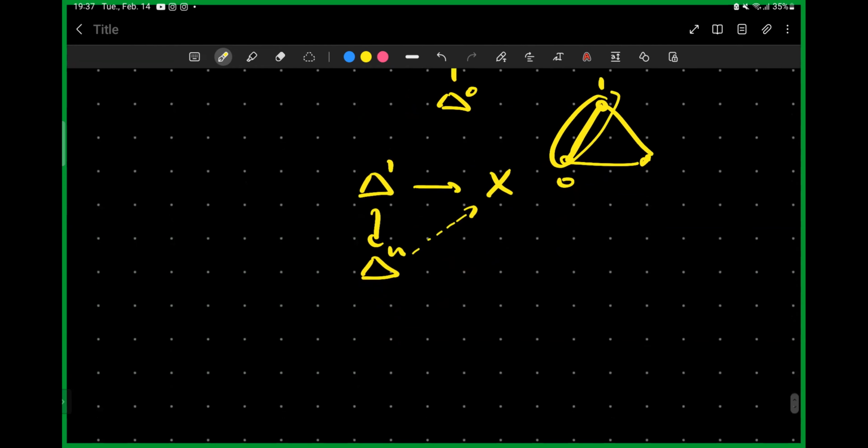So okay. We can extend the action of the fundamental group or fundamental groupoid on the singular complex by adjunction.